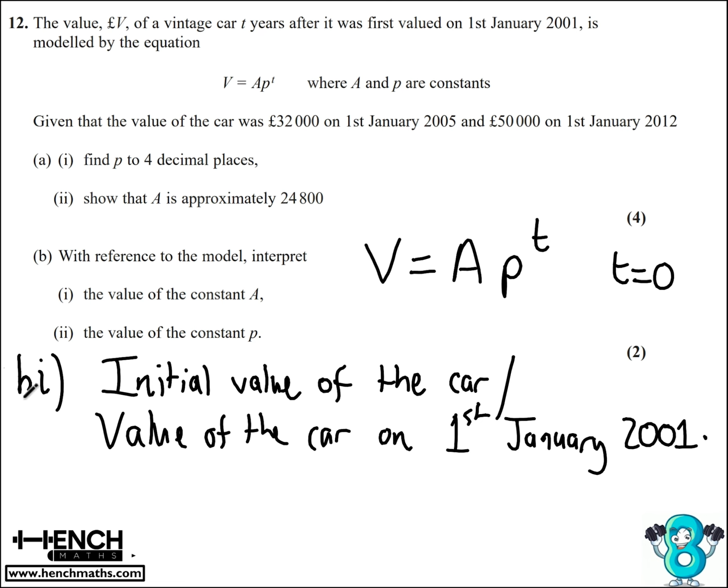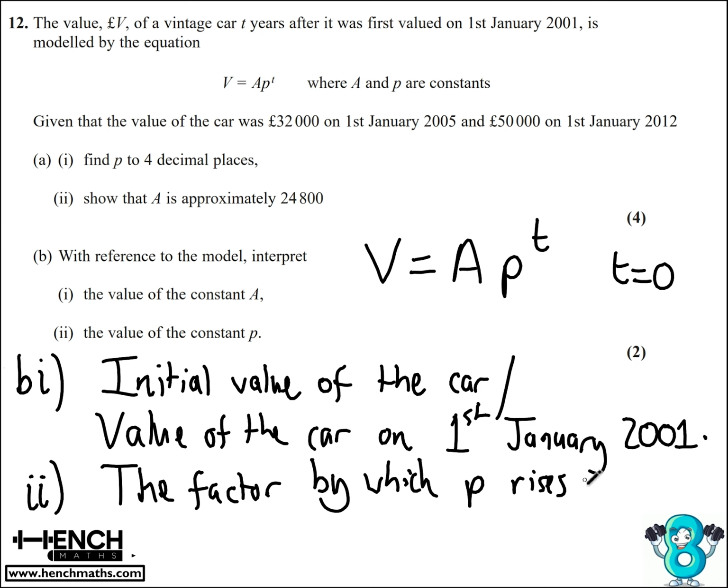So part B, II, we need to interpret the value of the constant P. So P is effectively your multiplier. Each time T goes up by 1, we're multiplying by P. So what we can say is it's the factor by which the value rises each year.